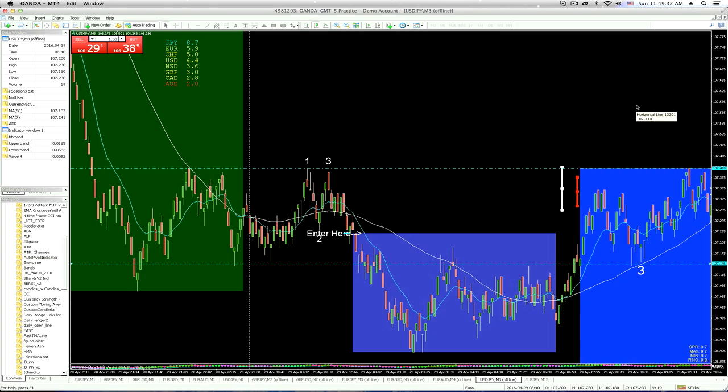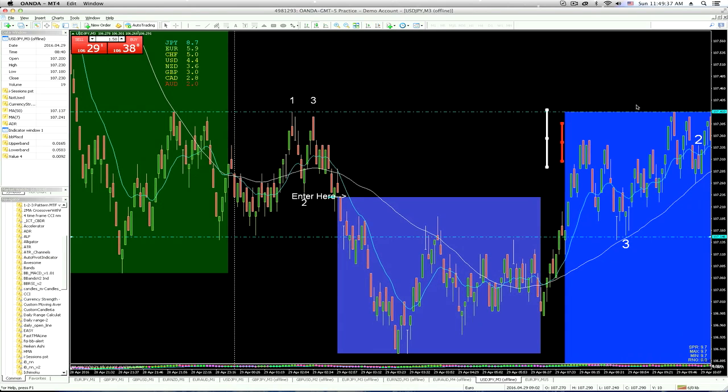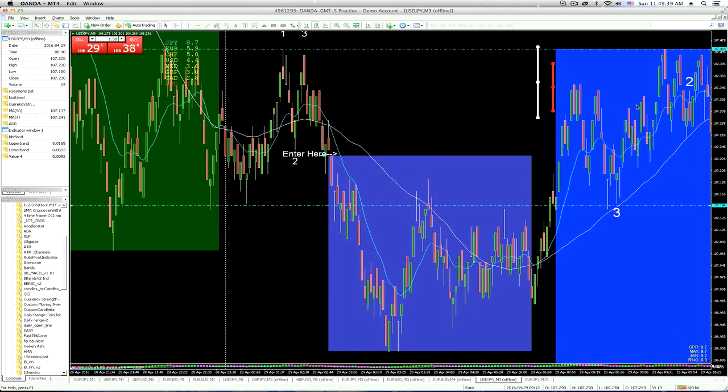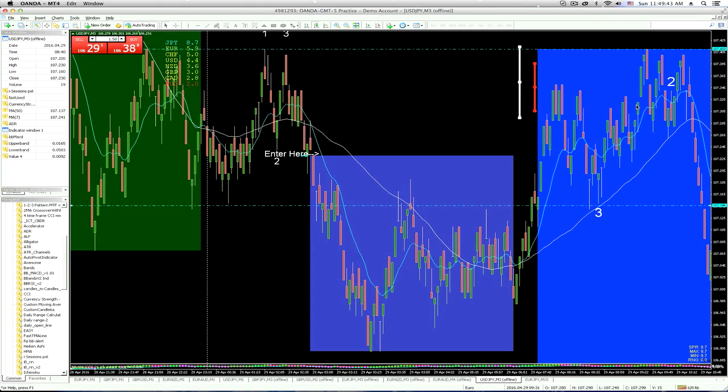Just couldn't make it. So eventually, price did come back down because this was not the level that the money was waiting at to buy. I'm talking about this level up here. They wanted to sell here. So there were enough sellers up here, they overtook the buyers, and yada yada.